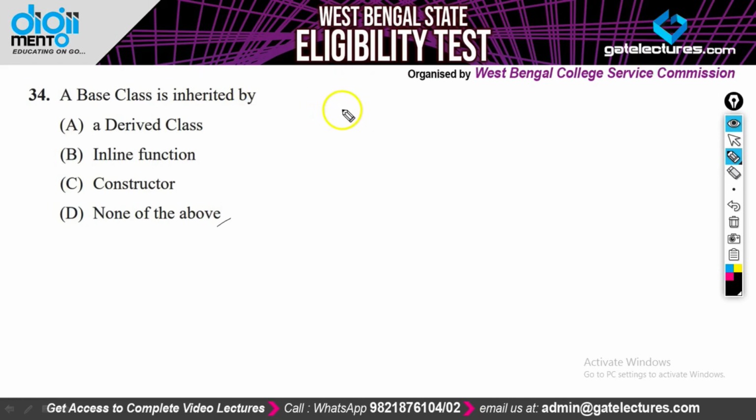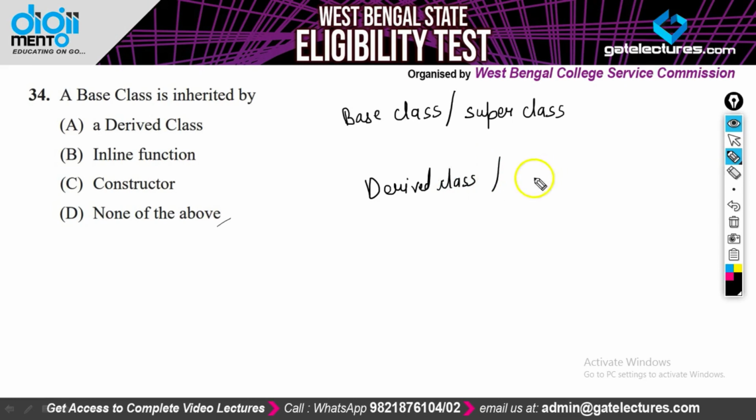Okay, so there are two things: a base class, or we can also call it a superclass, and the other thing is a derived class or a subclass. Now a derived class or subclass is one which inherits the properties from other classes. Okay, and a base class or superclass is the one whose properties are being inherited.